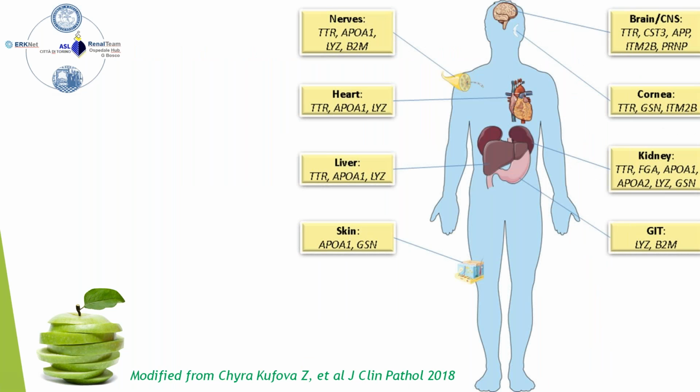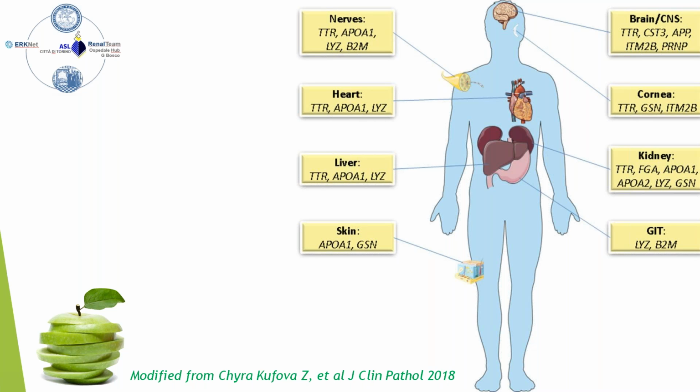Which are the organs involved in systemic amyloidosis? Well, if we talk about the genetic forms, they hit different organs according to the type of mutated protein. The kidney is typically involved in ApoA1 and ApoA2 forms, and also in lysozyme and in gelsolin form.